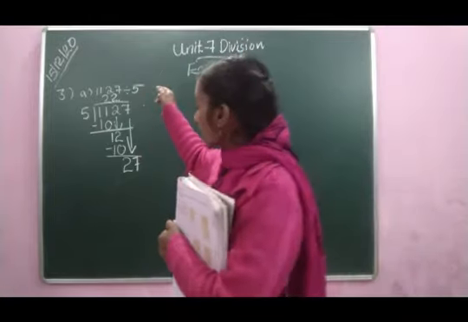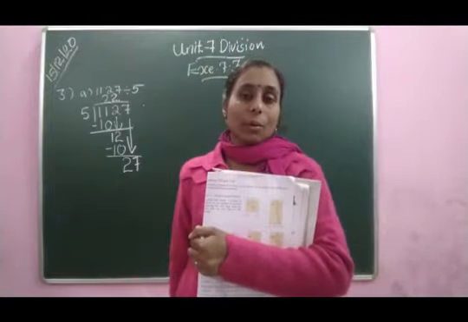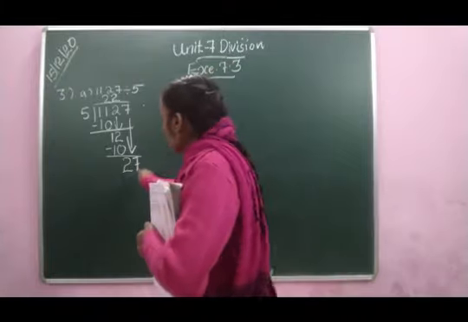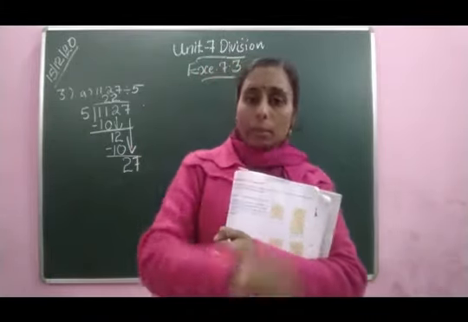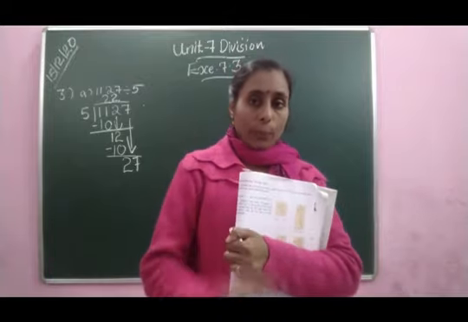Can we deduct 6 times? No, we cannot because here it is only 27. So we should take the previous number, that is 5.